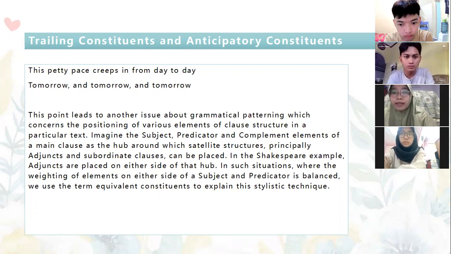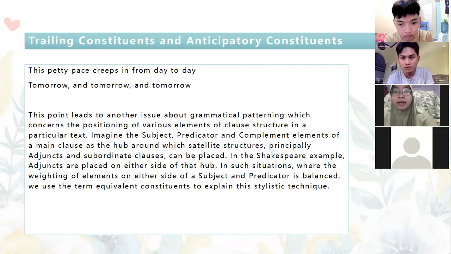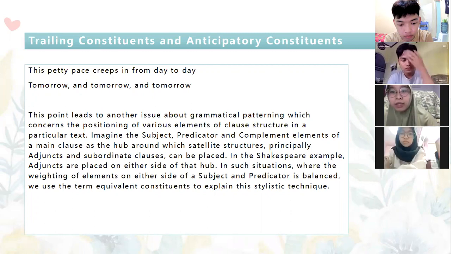In the Shakespeare example, adjuncts are placed on either side of the hub. In such situations, where the weighting of elements on either side of a subject and predicator is balanced, we use the term equivalent constituents to explain this stylistic technique.